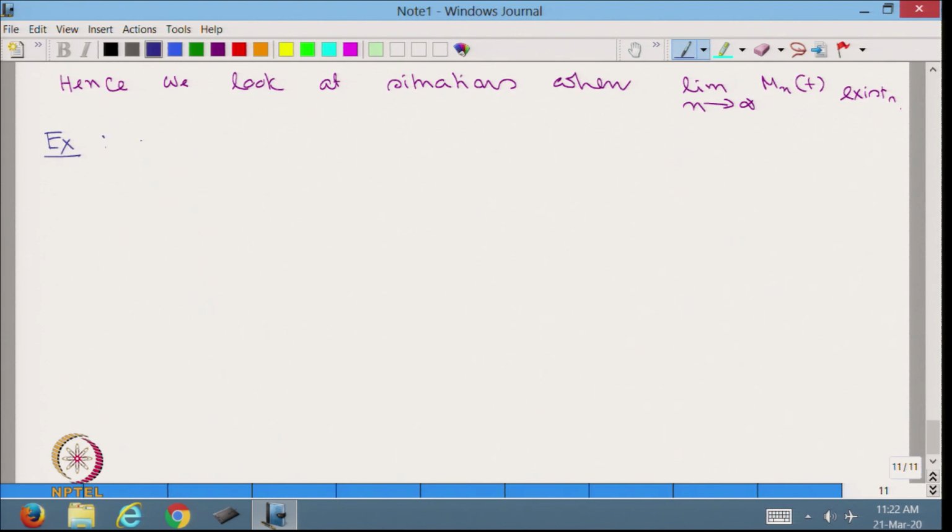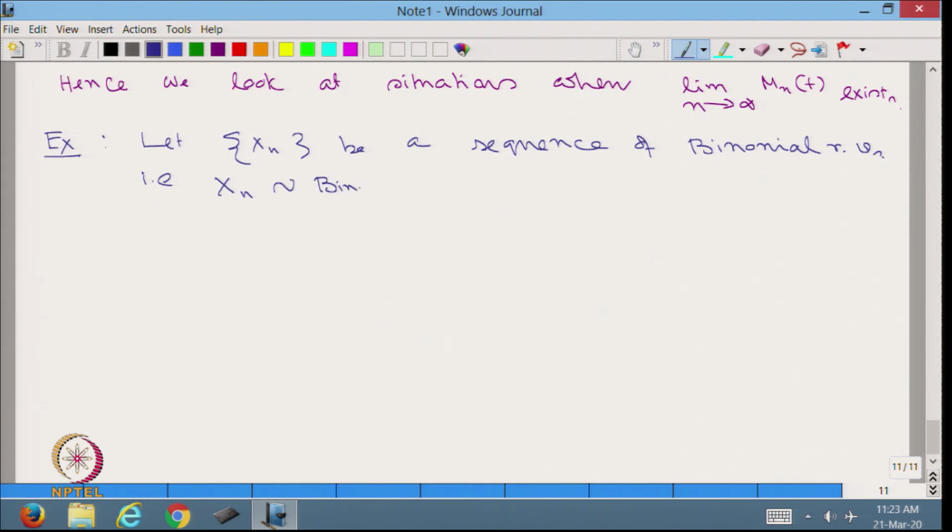Example, let X_n be a sequence of binomial random variables, that is, X_n is distributed as binomial(n, p), such that the expectation np remains constant.